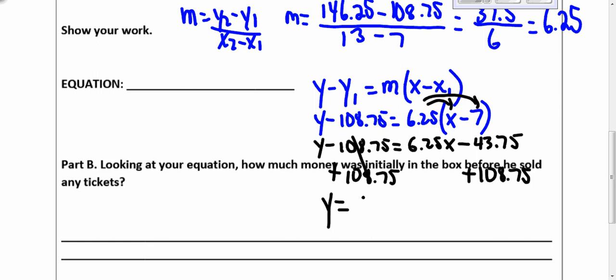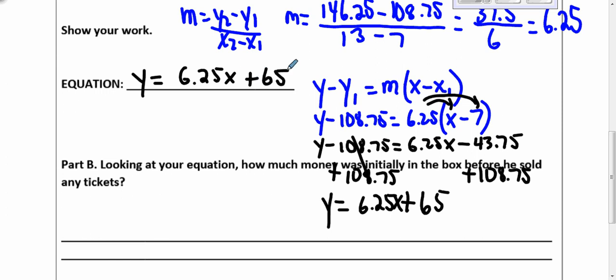Y equals 6.25x plus 65. And that's your equation. When you write the equation, just make sure you have y equals, because an equation has to have that, and this has an x. Don't forget that. So it's y equals 6.25x plus 65.